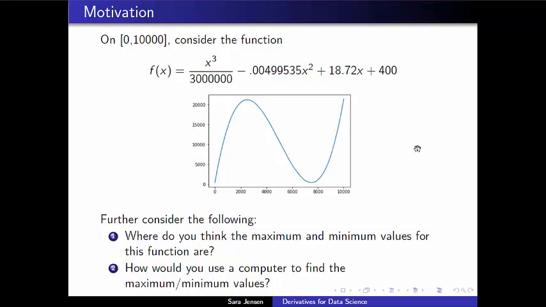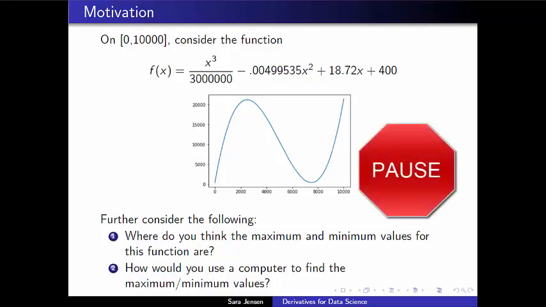Second of all, once you have your idea for where the maximum and minimum values are for this function, how would you use a computer to find them? And how would you have the computer gain accuracy on determining those maximums and minimums? So pause, take a moment, think about those things, and then in the next couple of slides, I'm going to go over some possible answers.